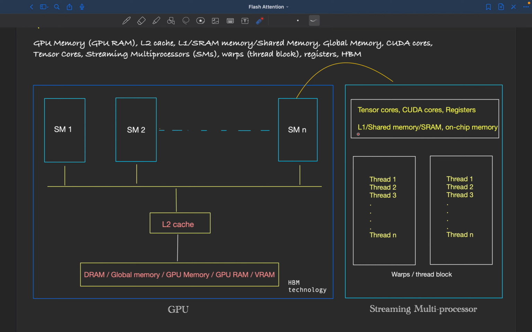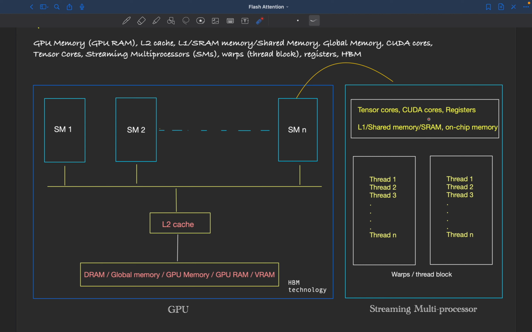I will repeat it again. So all the GPUs need not have tensor cores or sometimes CUDA cores. It is optional to have the tensor cores and CUDA cores, but we would be having L1 cache or the SRAM, which is also called on-chip memory, right?